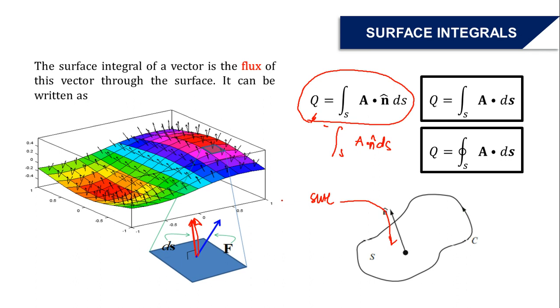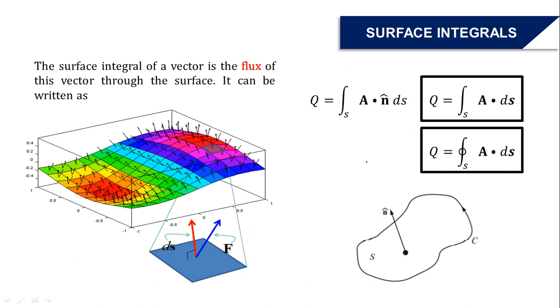So, ayan. Same din sa kung closed path naman, gagamitan lang natin itong symbol na to. Ayan. Yung may bilog sa gitna. To get the closed surface integration ng particular vector na yun.